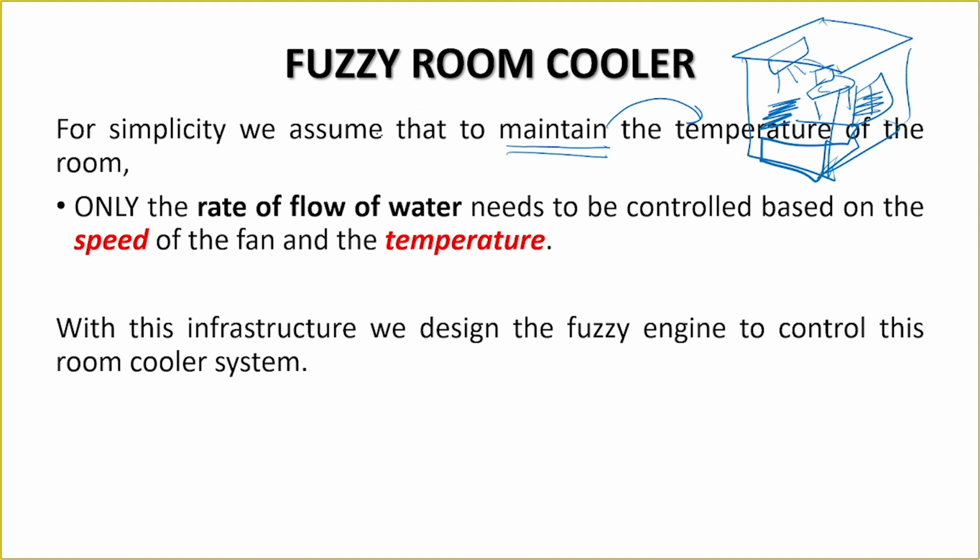We assume that we maintain the temperature in the room at, let's say, 25 degrees Celsius consistently from 2 p.m. until 5 p.m. So we assume now only the rate of flow of water, for the cooler, not the aircon, needs to be controlled based on the speed.